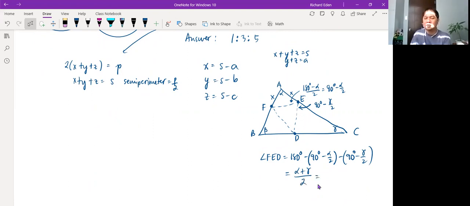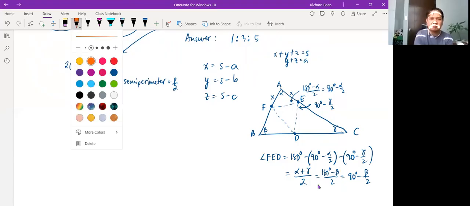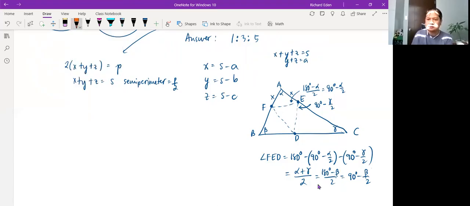But the only nice thing I can say about alpha plus gamma is that it's 180 degrees minus beta over 2. So this is going to be 90 degrees minus beta over 2. Let me put that in orange. So this is going to be 90 degrees minus beta over 2.